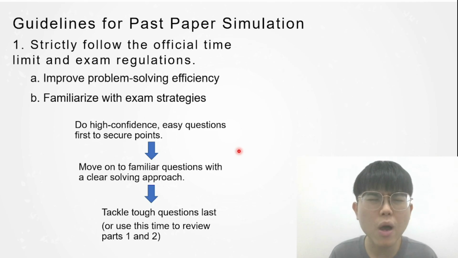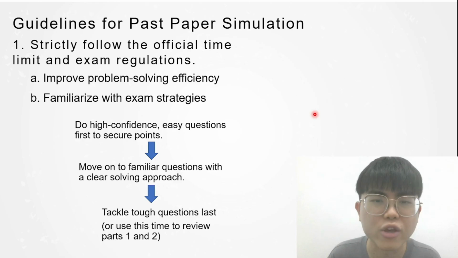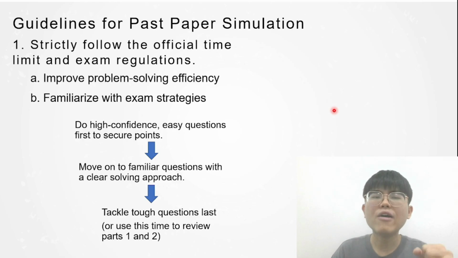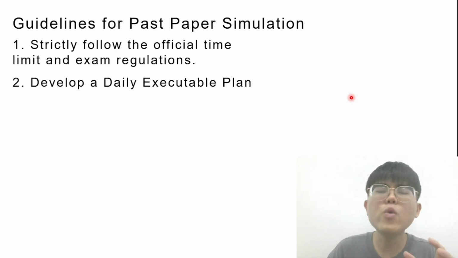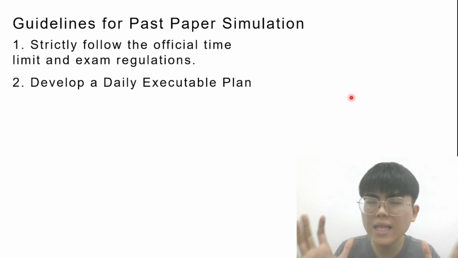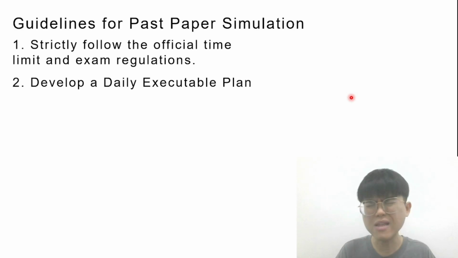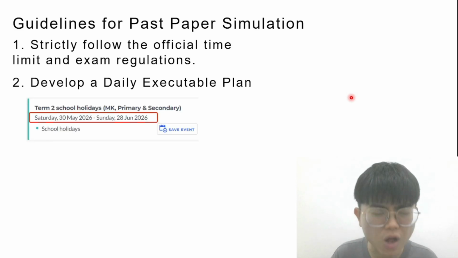Okay, so this is what we say about following the official time and also the exam regulations. Now, other than that, the second guideline for paper simulation is that we should try to develop a daily executable plan. So what does a daily executable plan mean? For example, as we know, upcoming we have our June holiday.